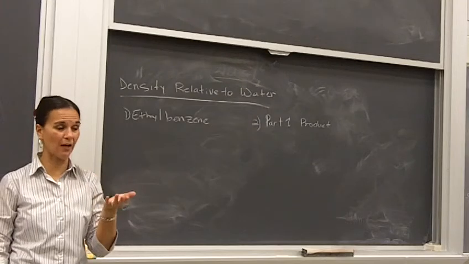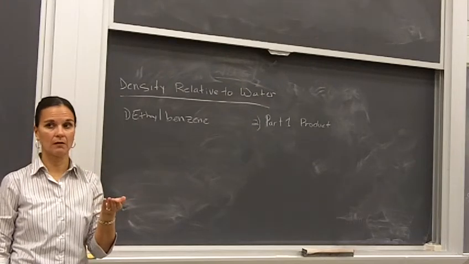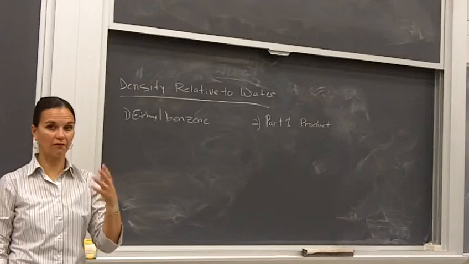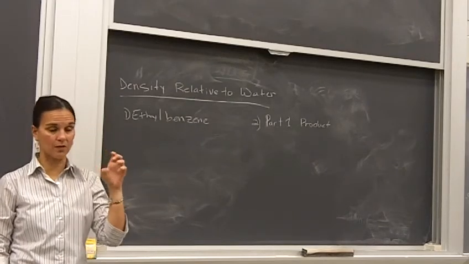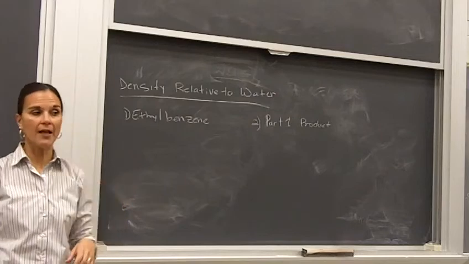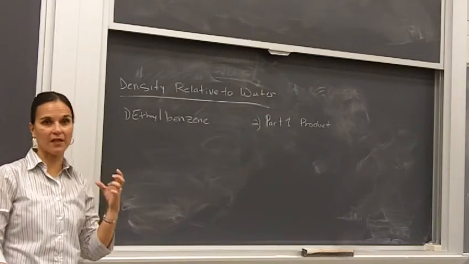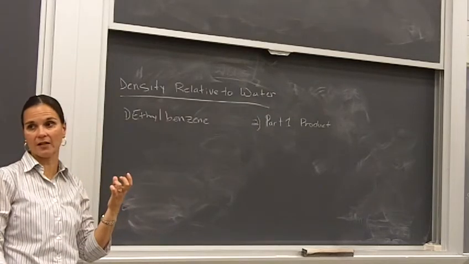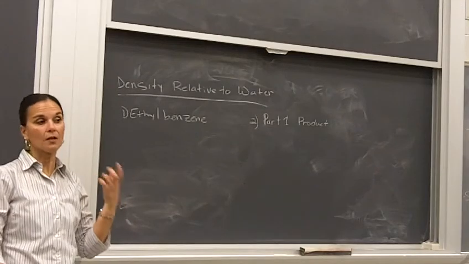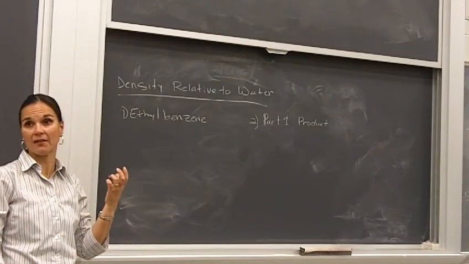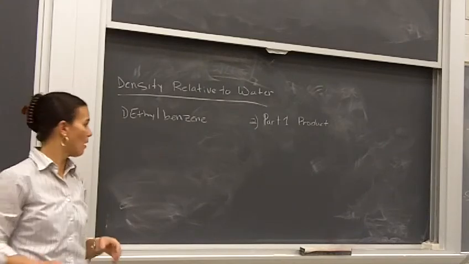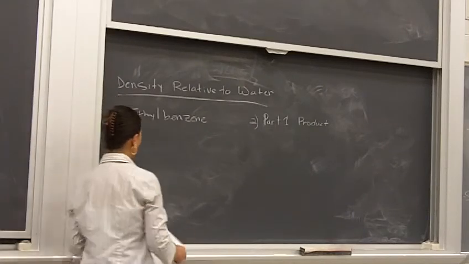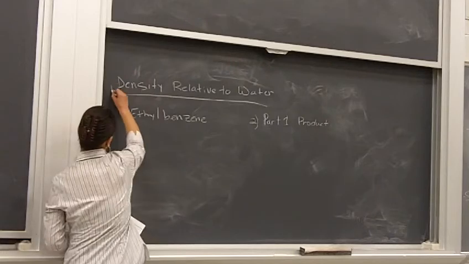So about how much product volume-wise should you make? 5-ish mils, right? So you want to store it in one of the small vials, which is 7 mil vials. If you have so much product that it doesn't fit in a 7 mil vial, what does that tell you about the hexane? You probably still have some hexane left on there if you've got more volume than the 7 mil vial, okay?